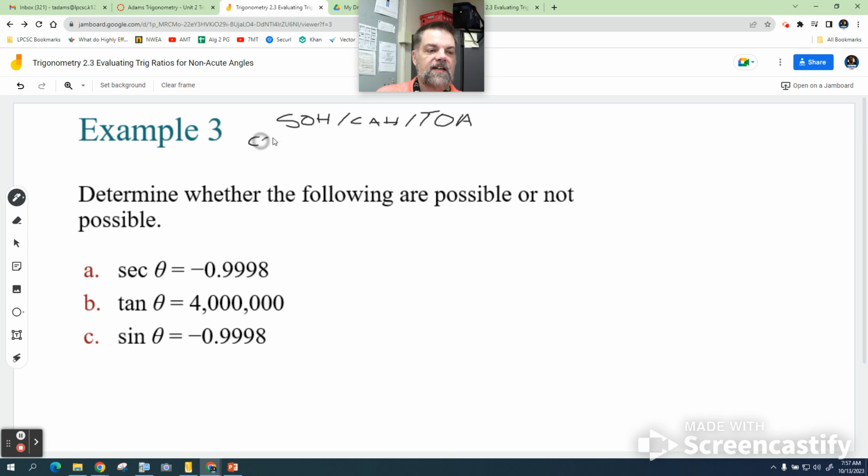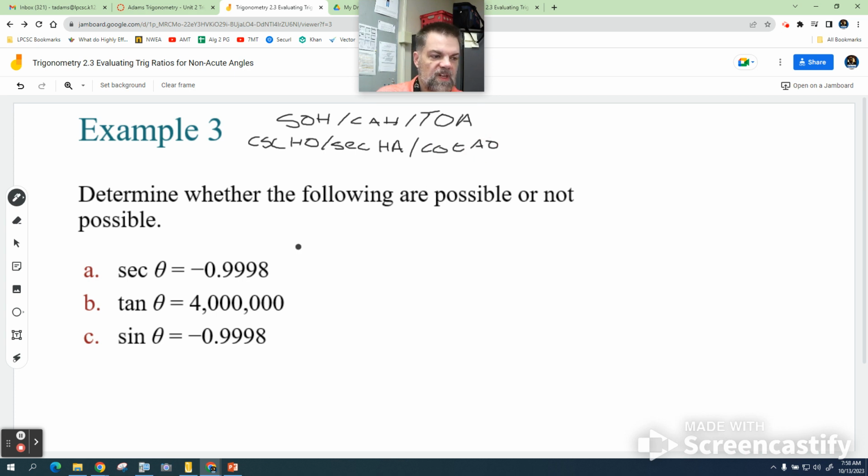So I'm going to write cosecant, and that is H over O, right? What is the reciprocal of cosine? Secant. And that is H over A. And then the reciprocal of tangent is cotangent, and that is A over O.